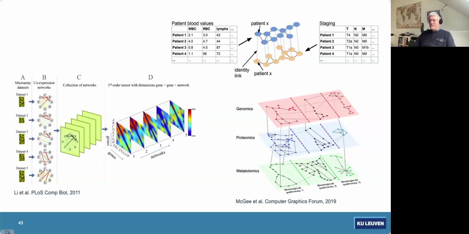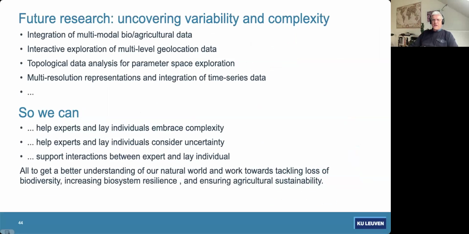I will have a PhD student starting in September who looks into visual analytics of multi-layer networks. I hope that gives a little bit of an idea of what we try to do. We try to get people, both experts and lay individuals, so far that they can embrace complexity again.